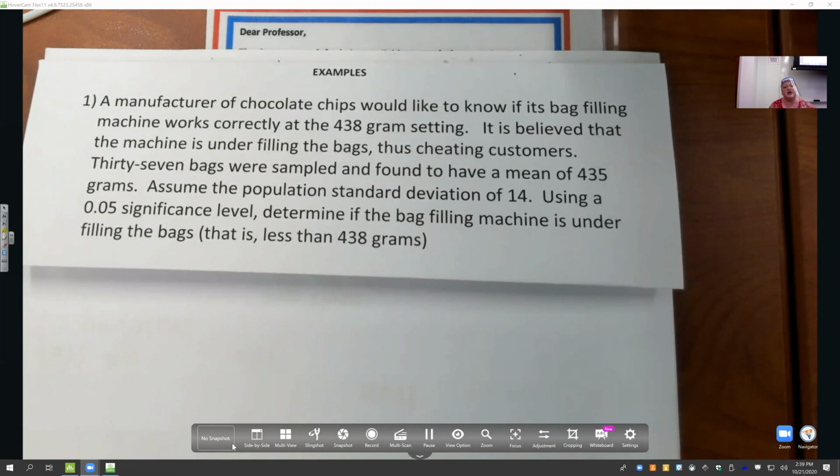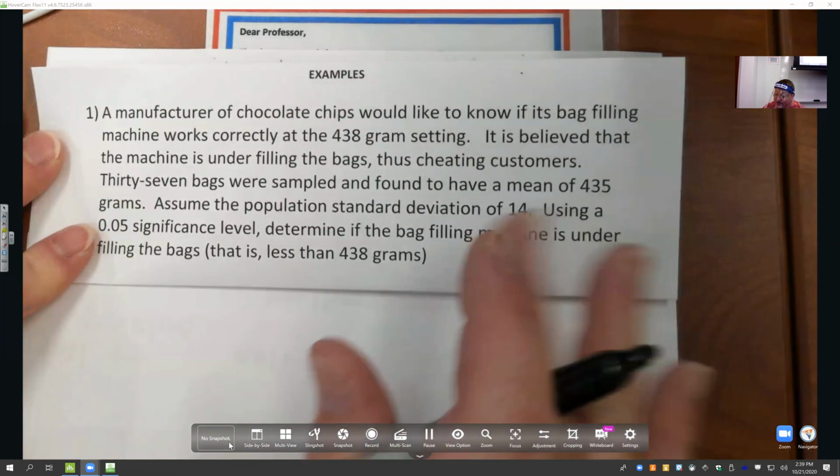Assume the population standard deviation of 14. Using a 0.05 significance level, determine if the bag filling machine is underfilling the bags. Okay, so I'm going to write this out as we go.